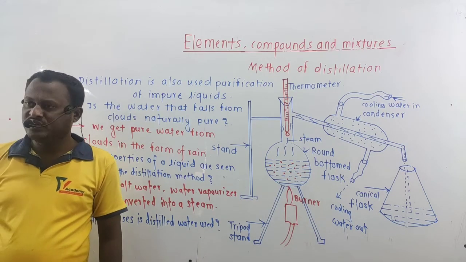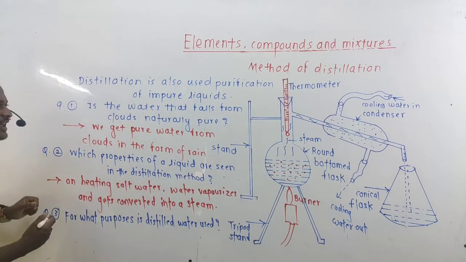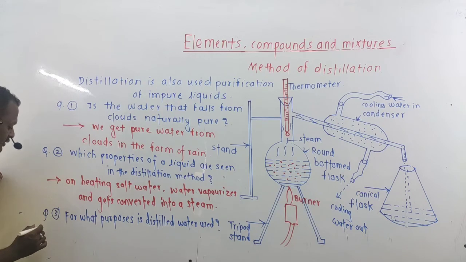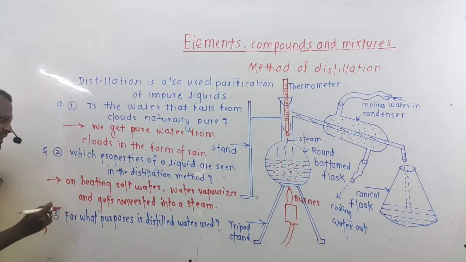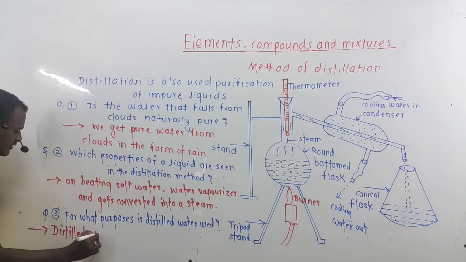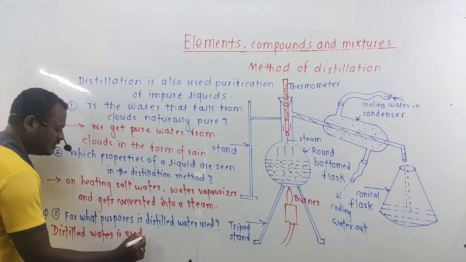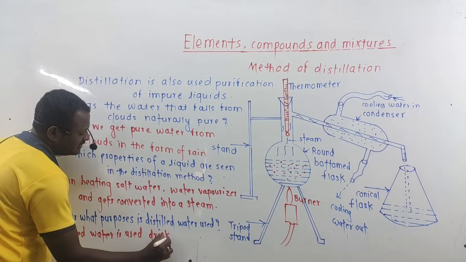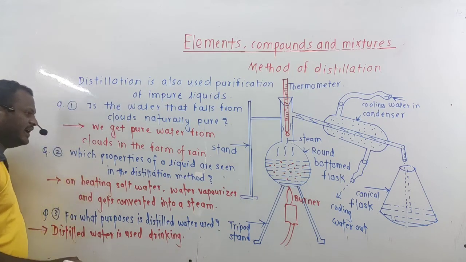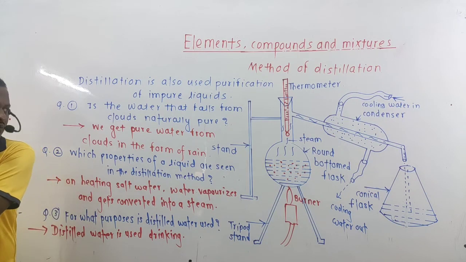We use distilled water in domestic purposes, okay, for drinking, for other purposes also. Basically, we use distilled water for drinking. Distilled water is used for drinking purpose. ओके. ड्रिंकिंग पर्पजसाठी आपण त्याचा वापर करतो. ठीक आहे. सो राईट डाऊन दीज थिंग्स.